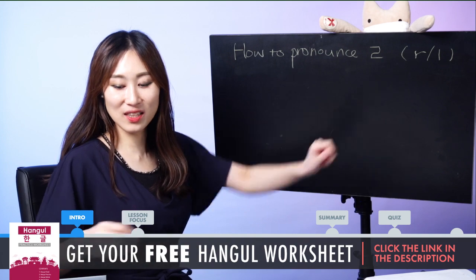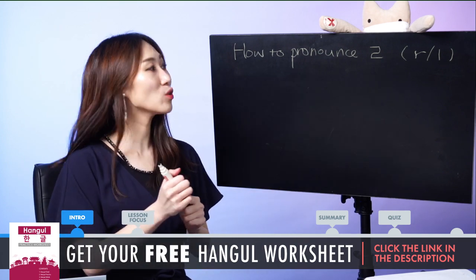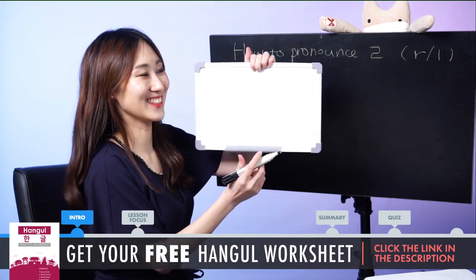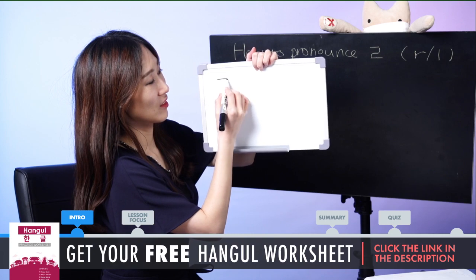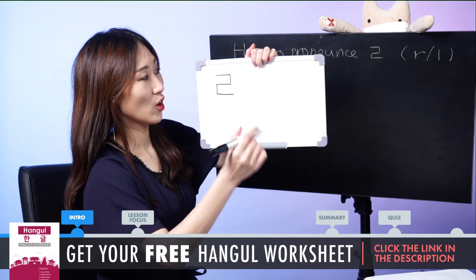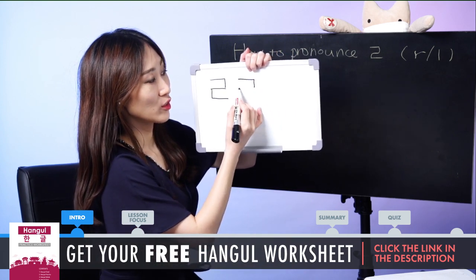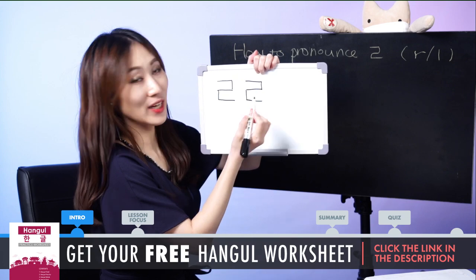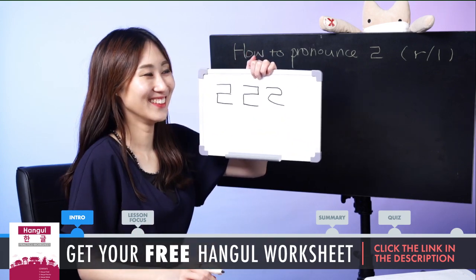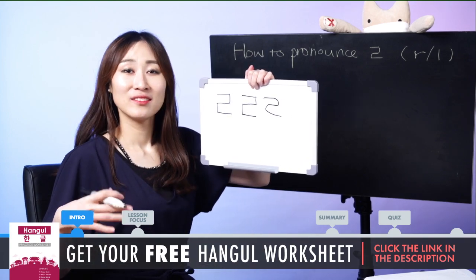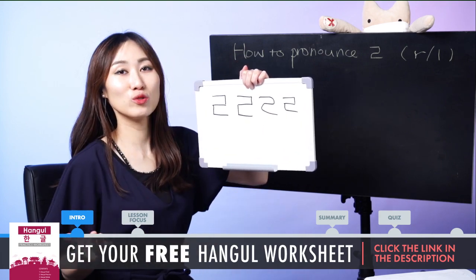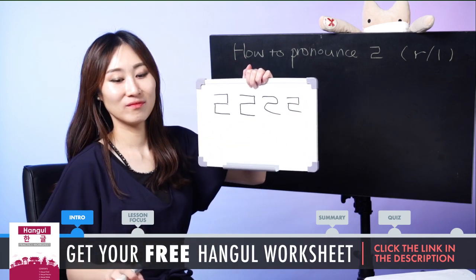Let's learn the Korean alphabet. Let's learn how to pronounce this. Before that, do you know how to write this? By the way, I got a new board. How is it? This is how you write it. Did you see it? 1, 2, 3. But a lot of Korean people write it like this because it's faster, but it's up to you. If you write in the correct order, that will show the correct form.